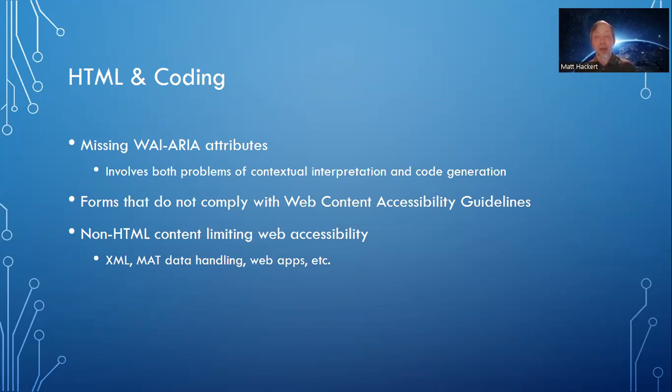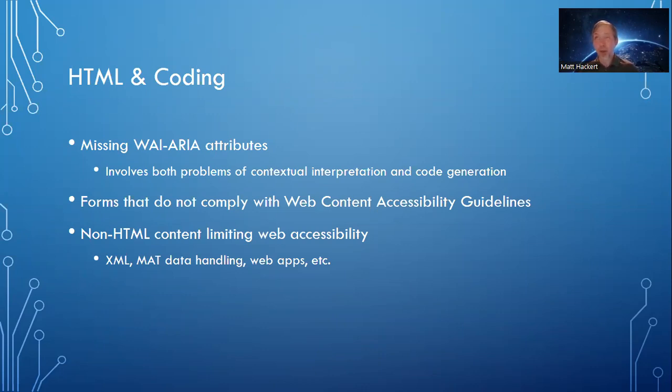And then the final accessibility problem lies in non-HTML content limiting web accessibility. And so this has a lot to do with XML, metadata handling, web apps, etc., as well as document accessibility.